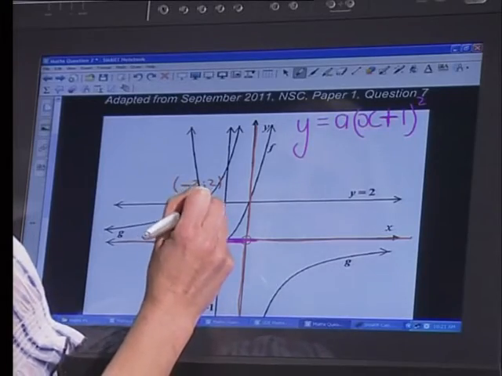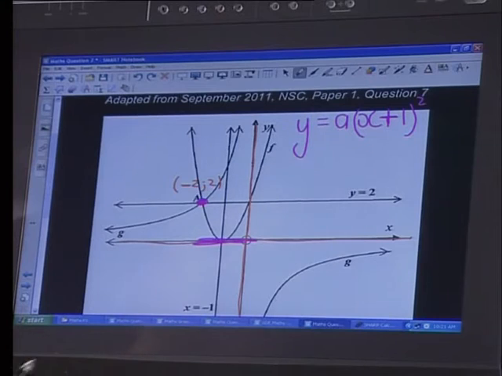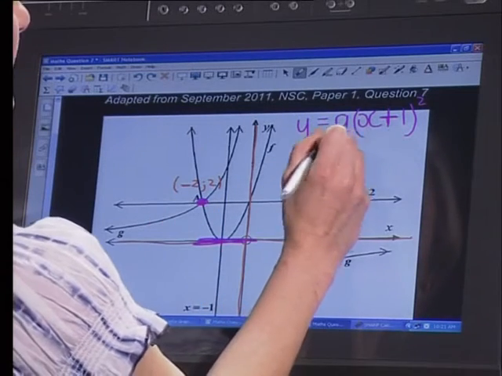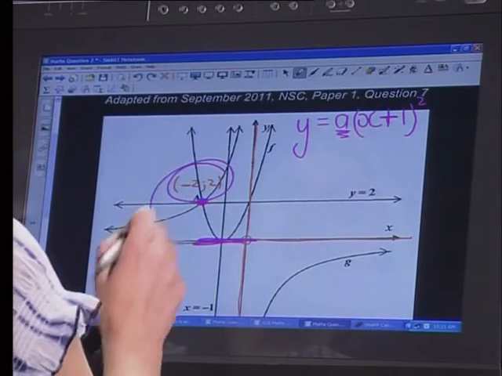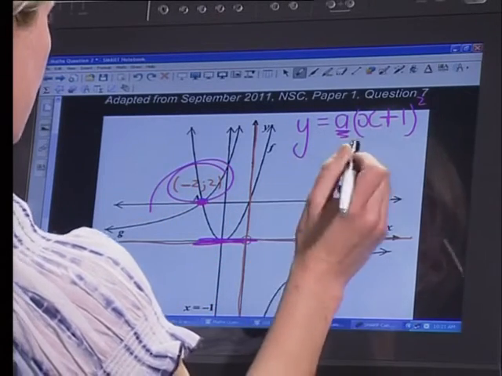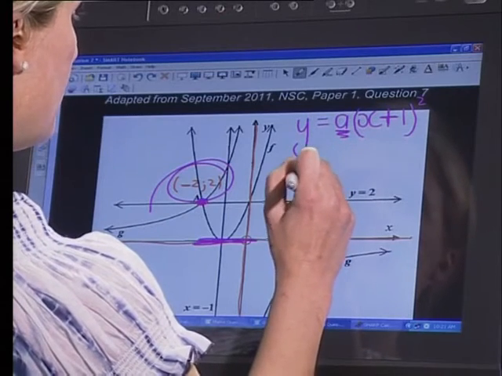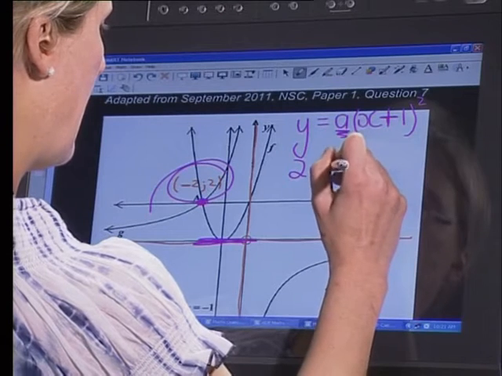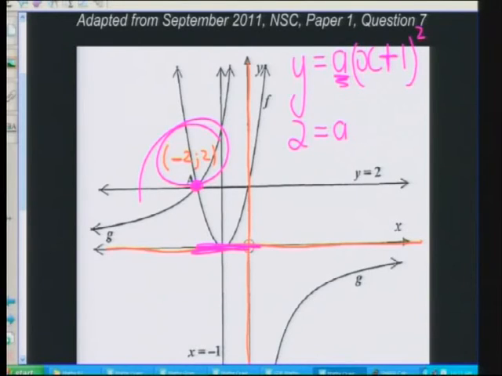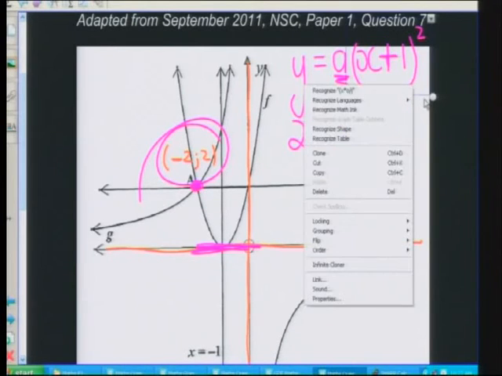Right, now the only thing that I need to find still on my parabola is the value of little a, and I'm going to do that by substituting my point A, which I found in the first step. So I'm going to say 2 is equal to a, and I'm going to substitute in x is equal to -2, (-2 plus 1), and everything's squared.